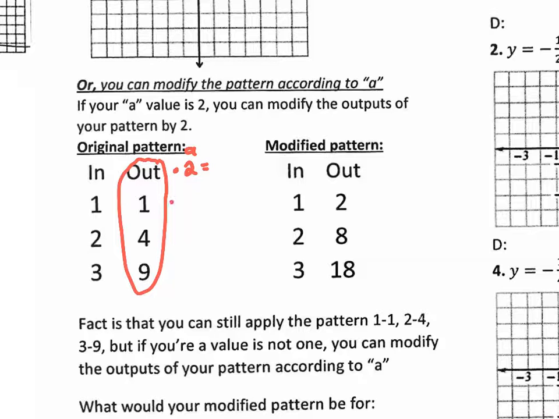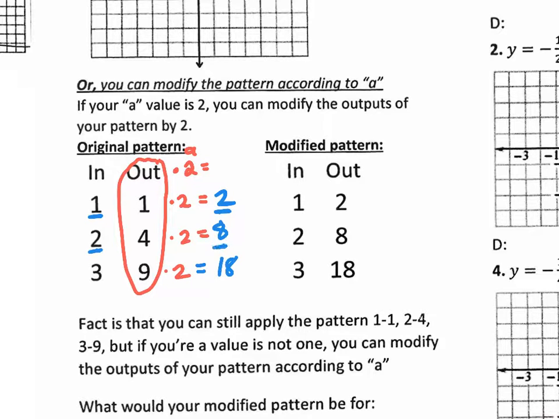So if I say 1 times 2, well, I will get 2. If I say 4 times 2, I will get 8. If I say 9 times 2, I will get 18. So ladies and gentlemen, my new modified pattern is 1, 2 instead of 1, 1.